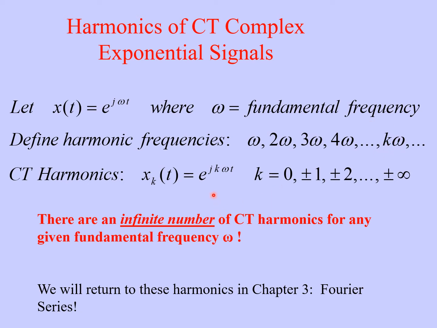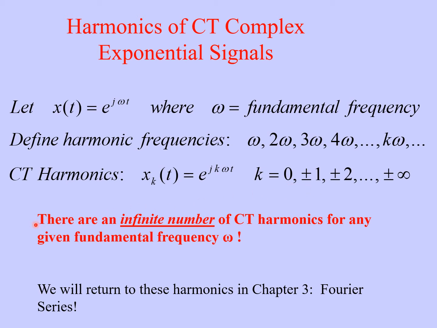We could write the harmonics out as x of k of t equals e to the jk omega t. Notice the frequency here is not just omega, it's k times omega, where k is an integer.